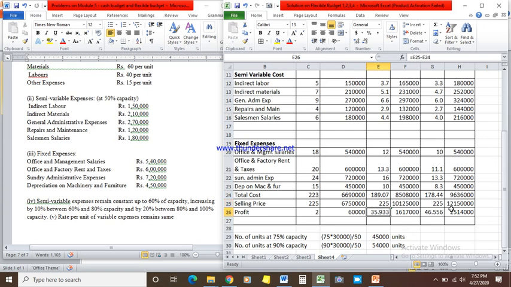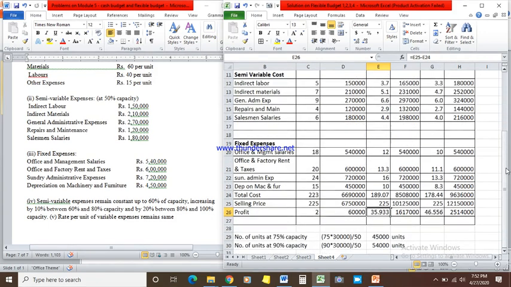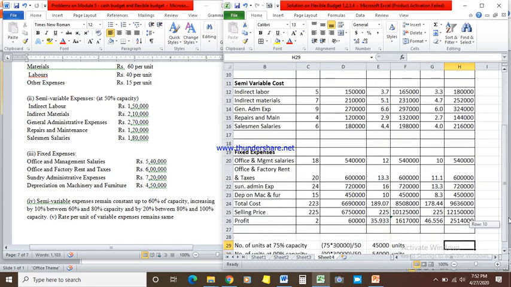Similarly, if you go with a still higher capacity, so instead of 30,000, if you manufacture 54,000, the cost per unit is going to fall drastically, and accordingly the profit per unit is going to be more. So this is the advantage of higher volume.